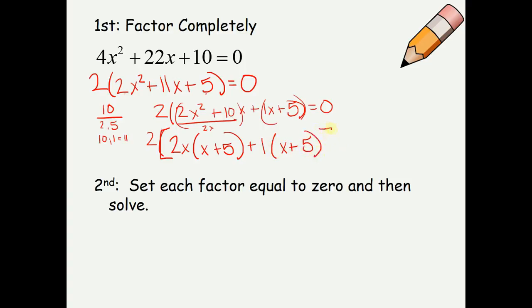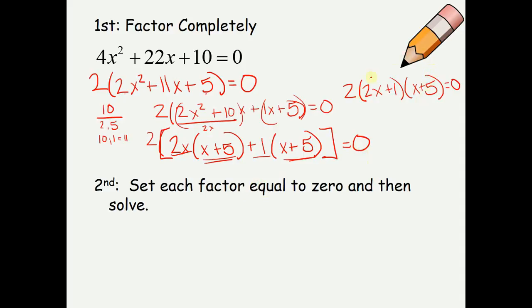There we go. Now I notice x plus 5 is common within those 2 terms. So I'm actually going to have for a final answer 2, all the way on the outside, times (2x plus 1) times (x plus 5) equals 0.